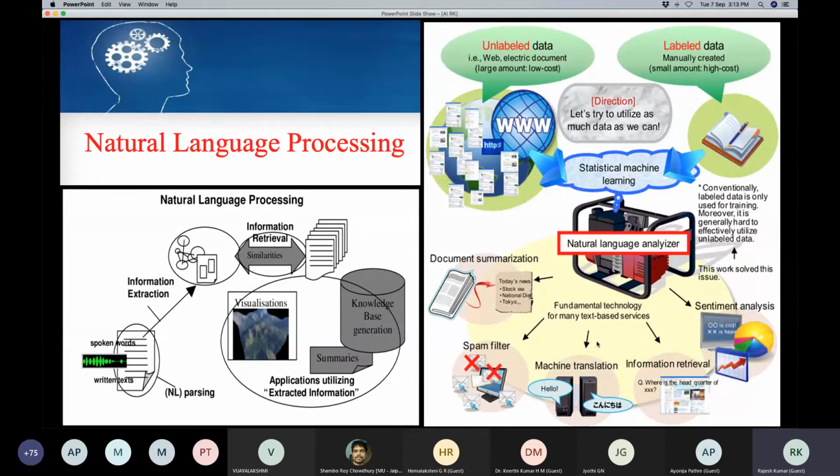Manually, yes, we can do it, but it takes a lot of time, and it is difficult to find fake news from so many news channels. These things can be done, and the approach is there. On the left hand side we have either spoken words or some kind of signals, and we extract certain information from there. We try to find the similarities, then visualize the things, and finally end up seeing how things are happening in the actual way.